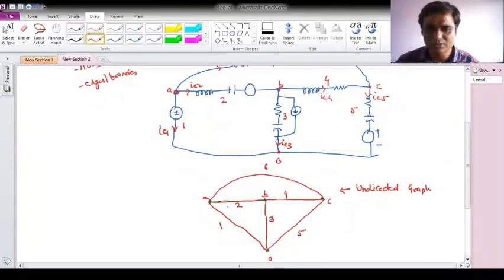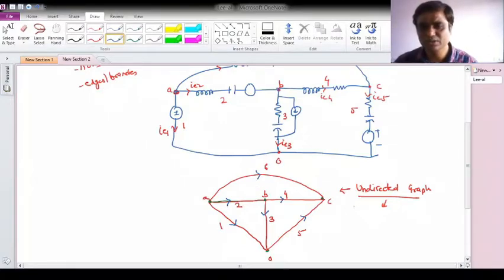Now this is my undirected graph, but in our circuit theory application the directions of current and polarities of the voltage are very important. So an undirected graph is not useful for me, and I have to make it a directed graph. For that, let me give the directions of current, which are arbitrary: 1, 2, 3, let's say this is fourth, this is fifth, and this is my sixth direction.